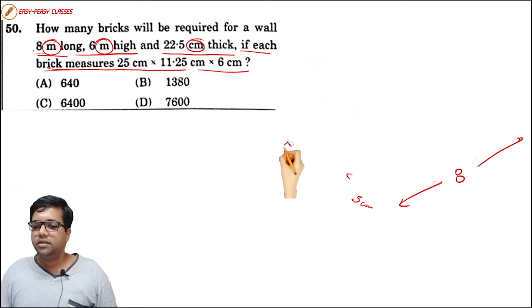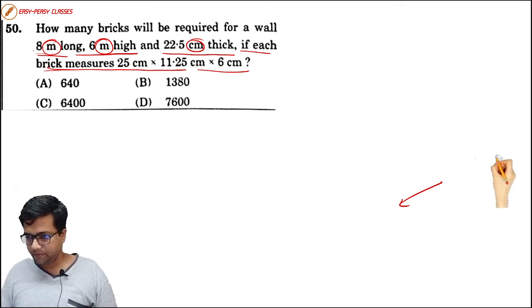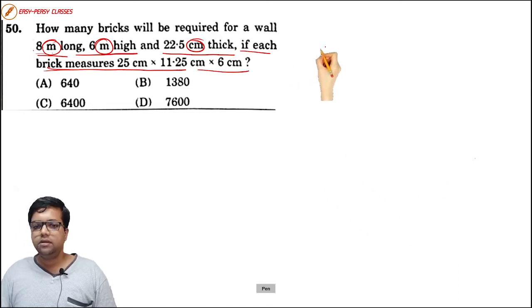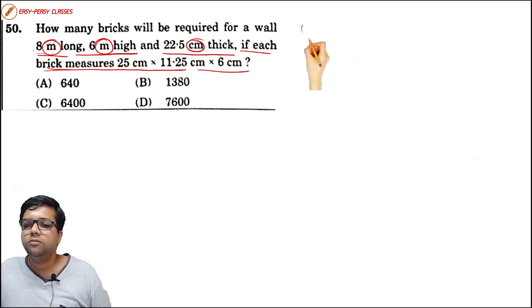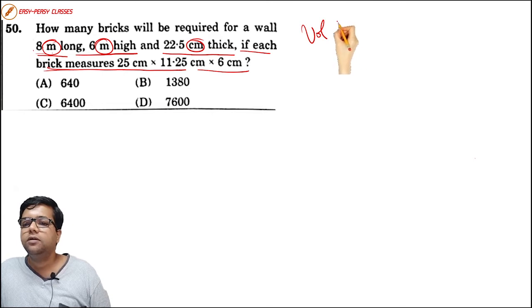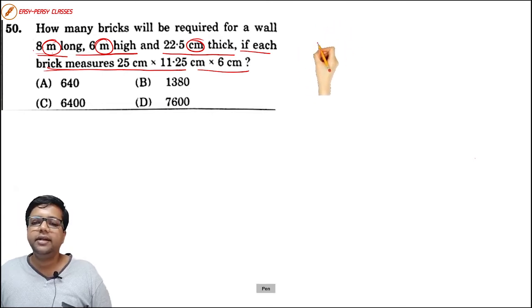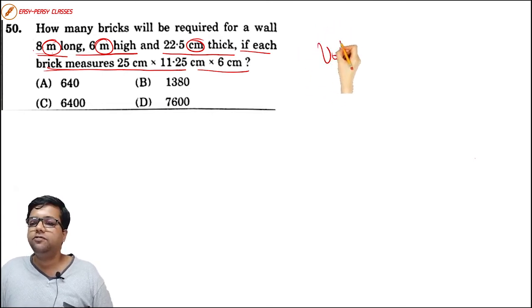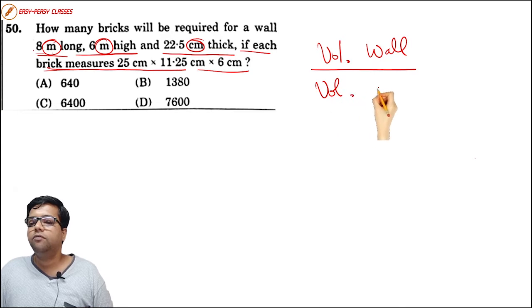So let us do this particular math now. Okay, let me rub this all. So to find how many bricks are required, you need to divide volume of wall by volume of one brick.